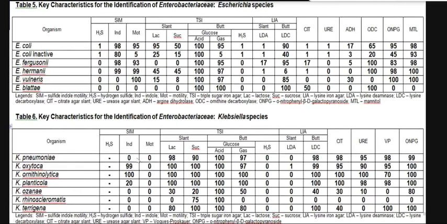Note also the changes in the name of Klebsiella ornithinolytica. This is now Raoultella ornithinolytica, but still under this group. They changed the genus of the species, but it belongs to this group. They are H2S negative, indole negative, motility negative, and so on.